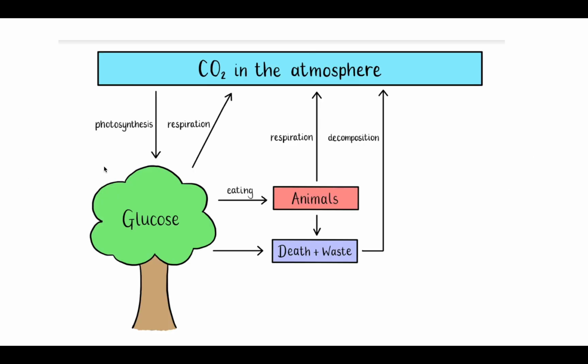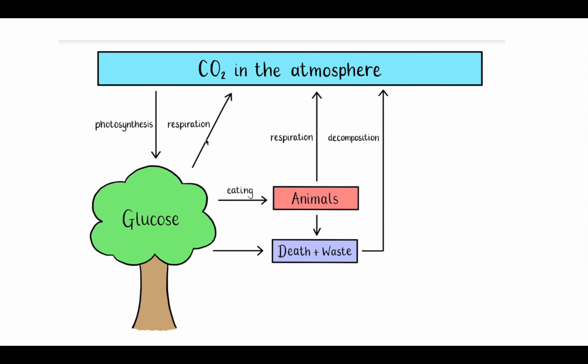Now this one is a little bit easier to understand. We've got carbon dioxide in the atmosphere through photosynthesis that comes down to the producer. The animals will get the ESMs from the producers. So my carbon and the ESMs come over here to the animals, and then the producers and animals go through cellular respiration.